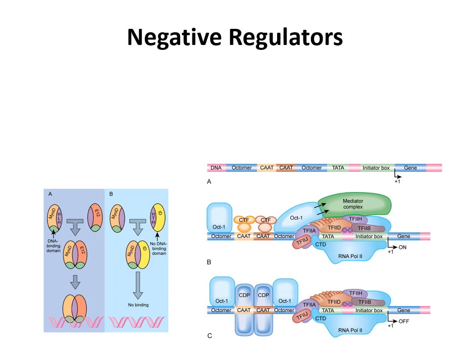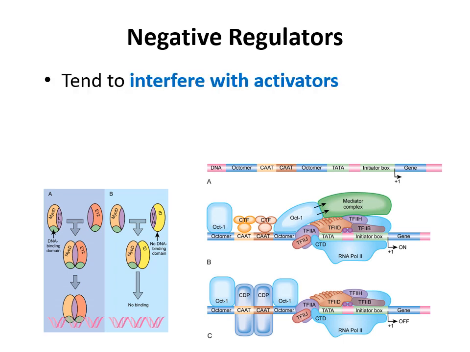Now, a lot of the regulation that we kept mentioning throughout these lessons has been kind of helping to activate and enhance gene expression. But there are also negative regulators, and the way negative regulators of gene expression work is that they tend to interfere with activators, meaning in some way they block the activator from being able to do its job of helping initiate and enhance transcription.